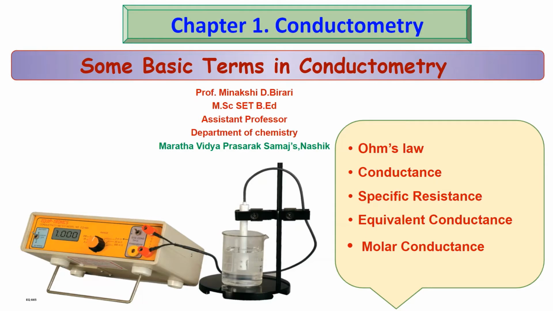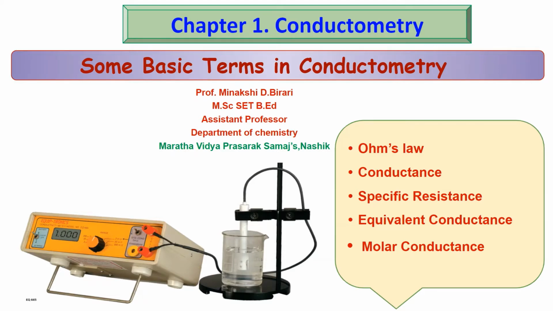We know that quantitatively the ability of the solution to conduct electricity is expressed in terms of its conductivity. The conductivity or conductance of a solution of an electrolyte is found to be dependent on a number of factors. In the previous lecture, we studied the factors affecting the conduction of a solution.